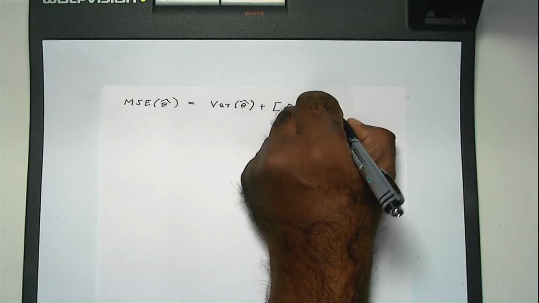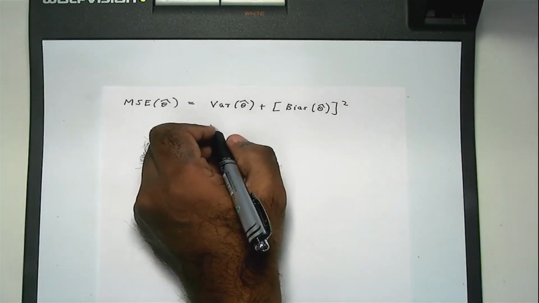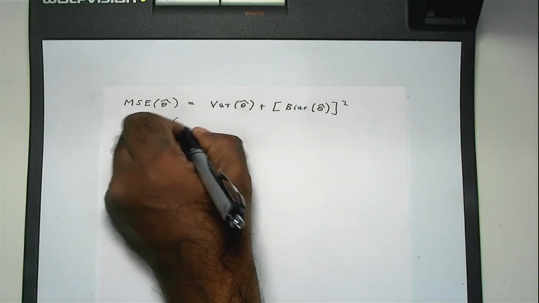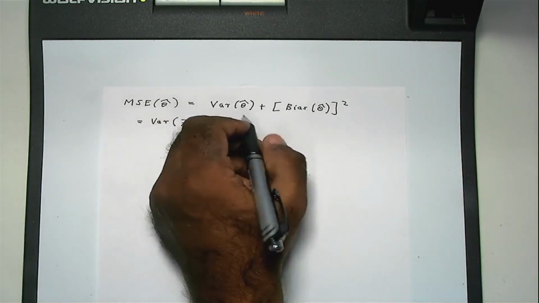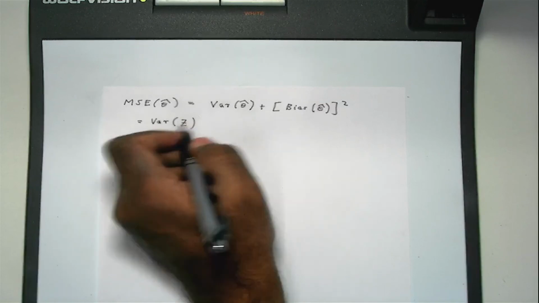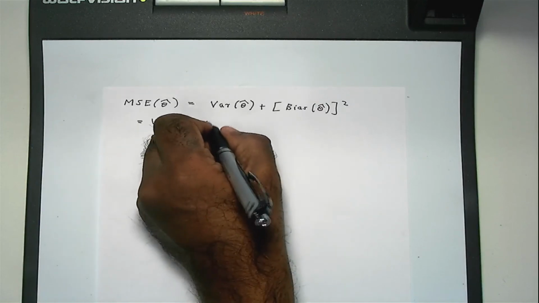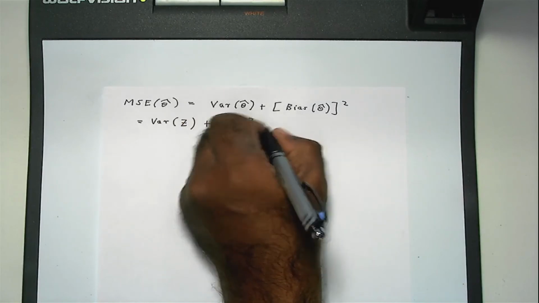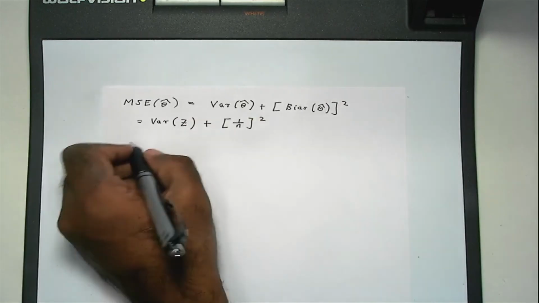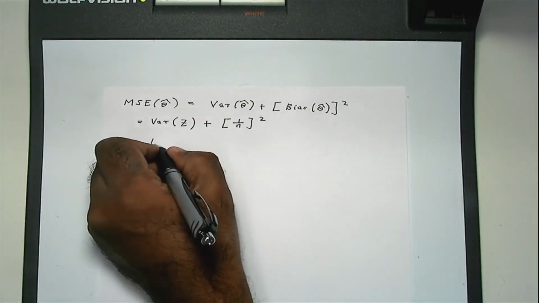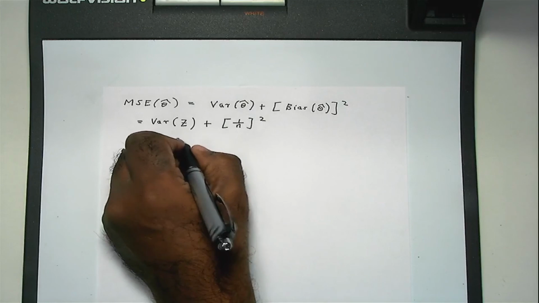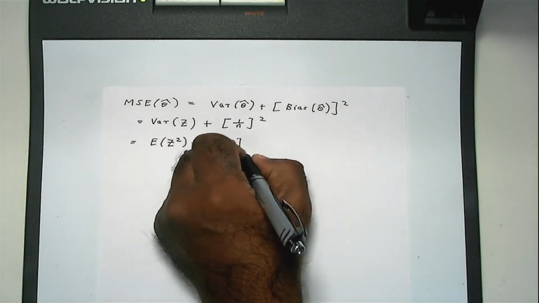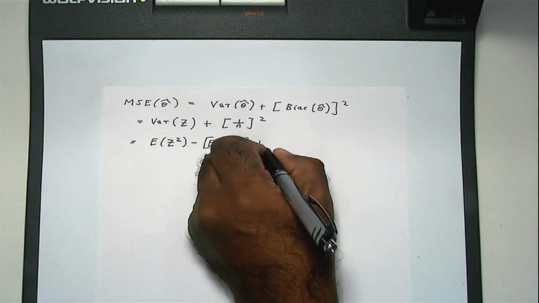So this is the variance of Z, remember we called theta hat equal to Z earlier, plus this is the bias, you may recall, is 1 over n squared. Now the variance of Z, you can write it as the expectation of Z squared minus the square of the expectation.